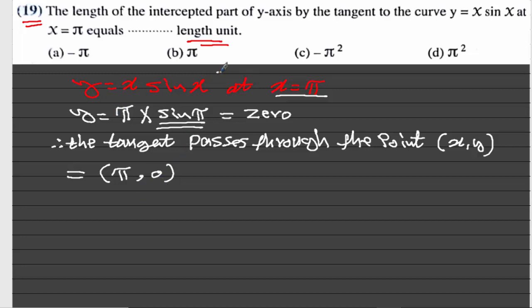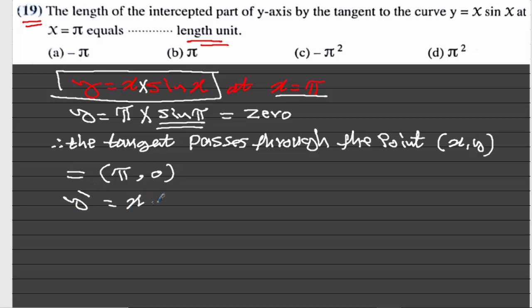So from the given equation of the curve, we can deduce y dash. Here we have the product of two functions, x multiply sine x, so y dash equals the first multiply the derivative of the second function, the derivative of sine is cosine x, plus the second function, sine x, multiply the derivative of the first, which is 1.